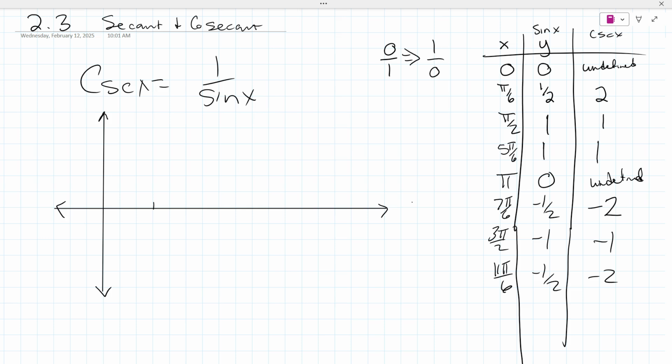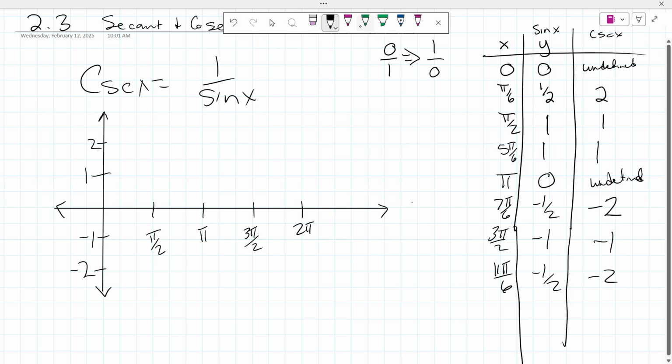Okay, so what I'm going to do is I'm going to graph my sine curve. So I'm going to graph y equals sine of x: 0, 1, 0, negative 1, 0. At pi over 6, I'm at 1/2. So I'm putting my places where I'm 1/2 at.